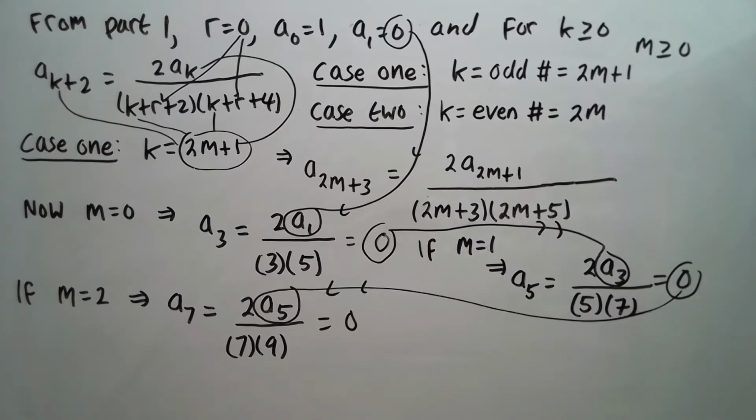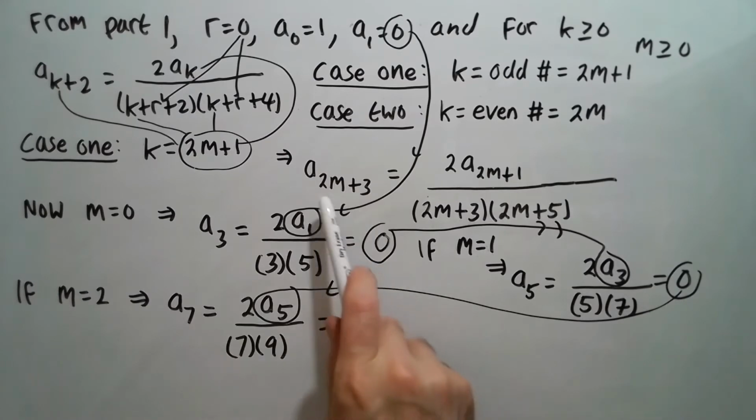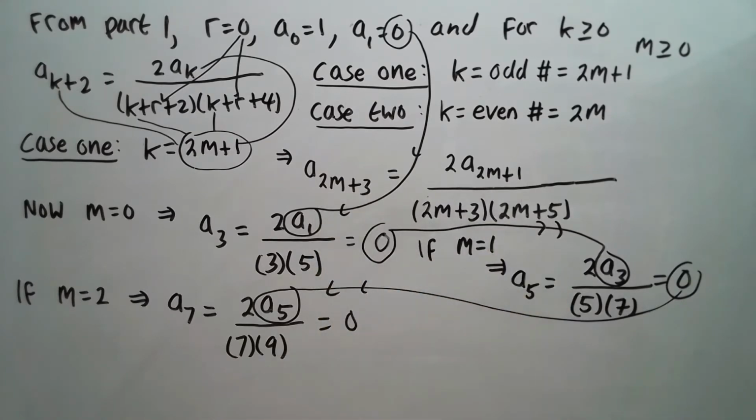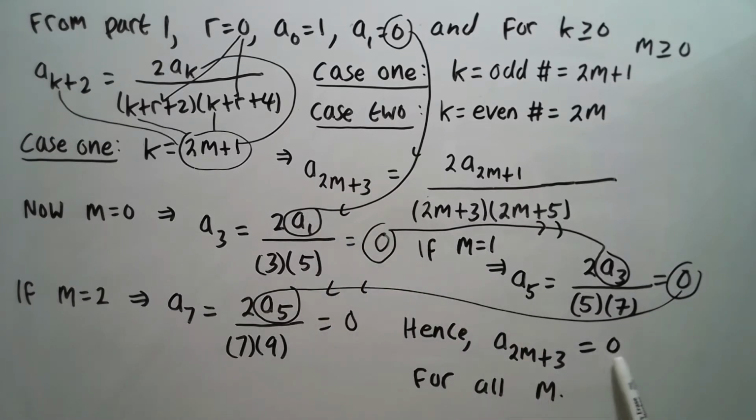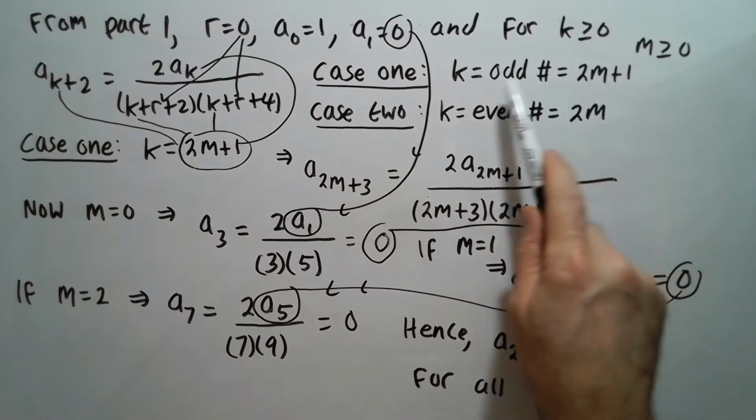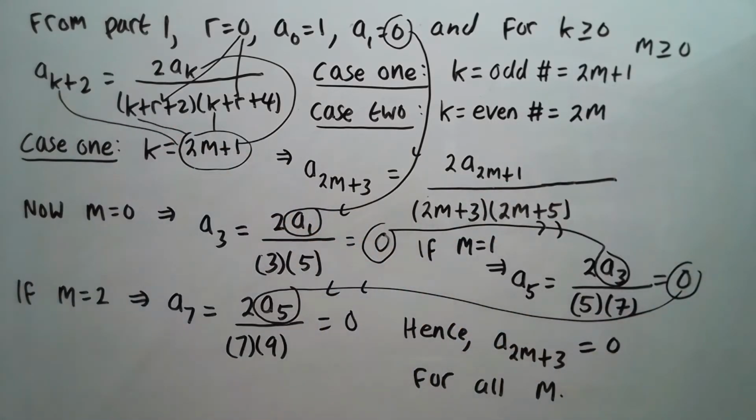So a7 is 0. You should convince yourself that they're all going to be zeros. So we can say in general that a to the 2m plus 3 is going to be 0 for all m. So all the case 1 terms, when k is odd, will end up being zeros.